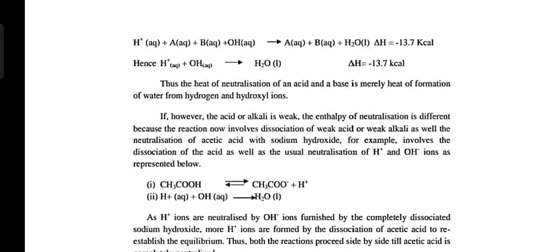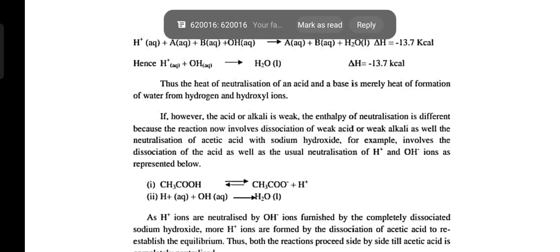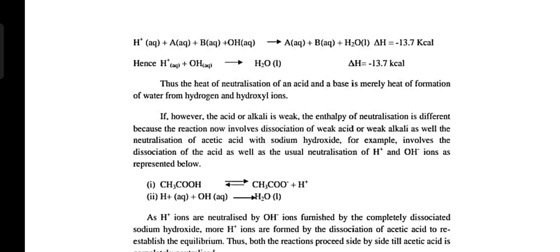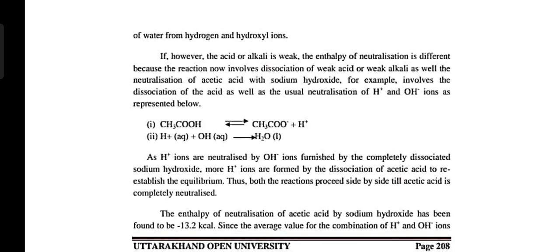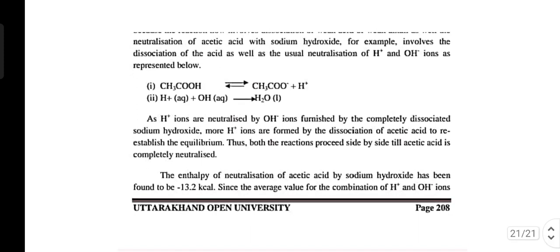If, however, either the acid or the alkali is weak, the enthalpy of neutralization is different, because the reaction now involves dissociation of the weak acid or weak alkali as well as neutralization, for example acetic acid and sodium hydroxide. It involves the dissociation of the acid as well as the usual neutralization of H positive and OH negative ions, as represented below.